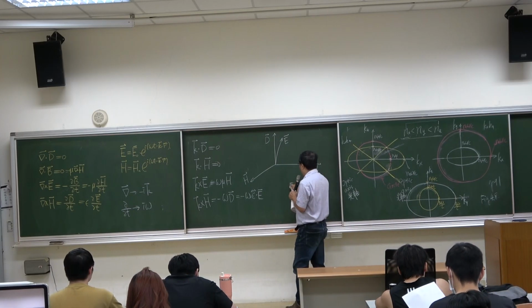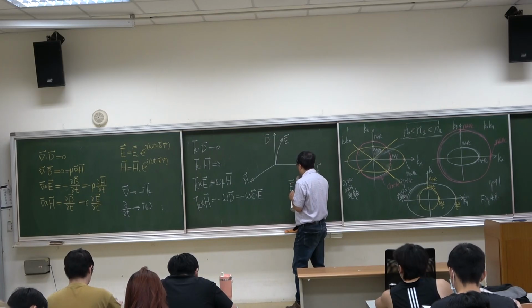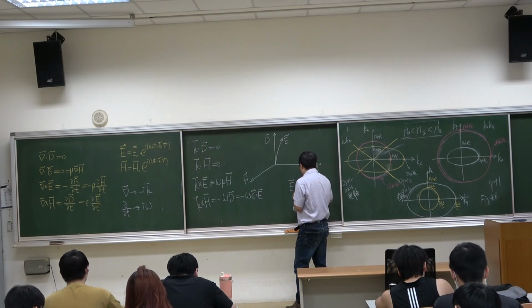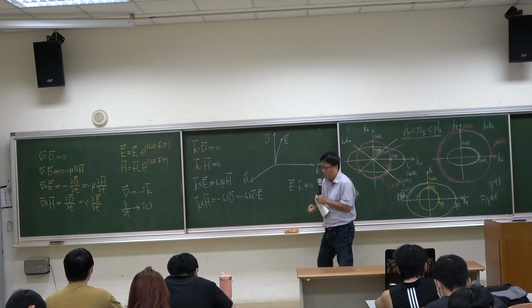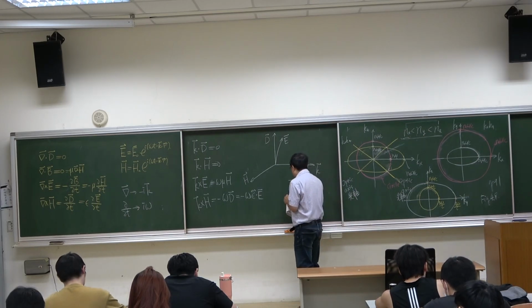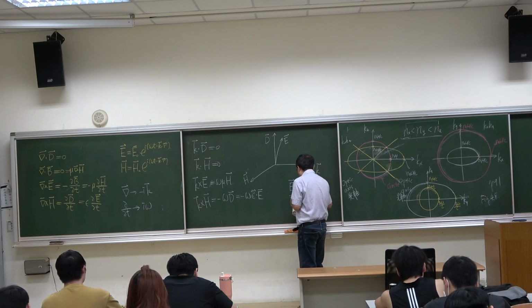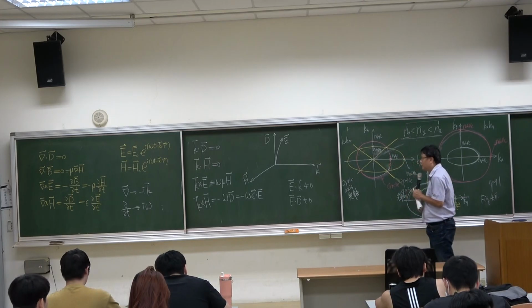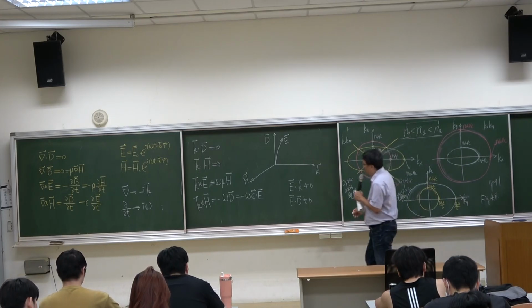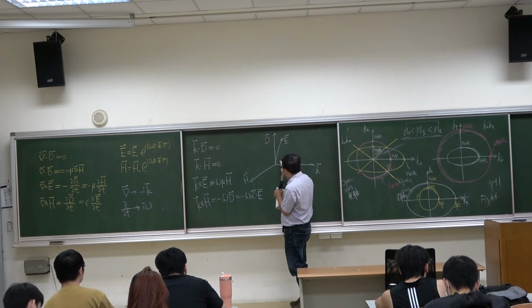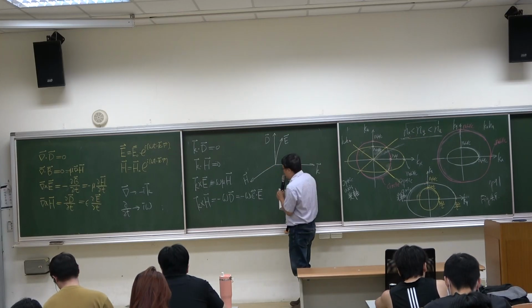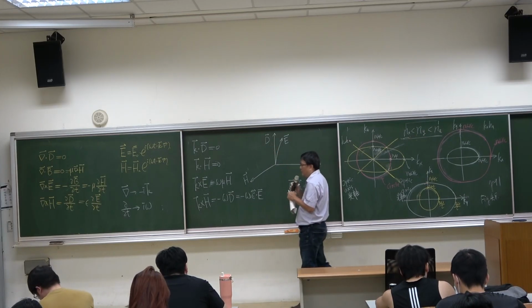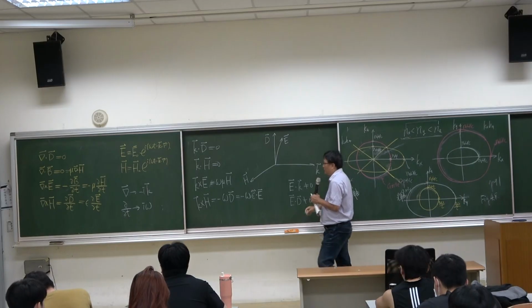E dot k is in general not zero, and E dot D is also not zero. Okay. So the E vector has some component along the k vector and some component along the D vector.